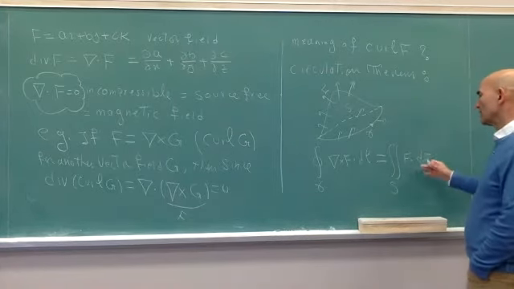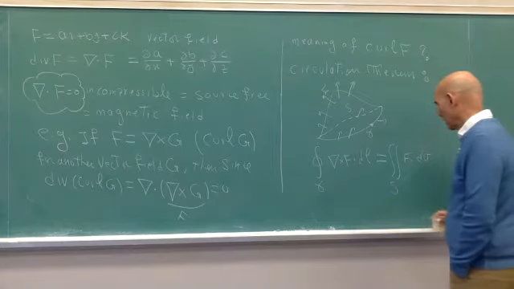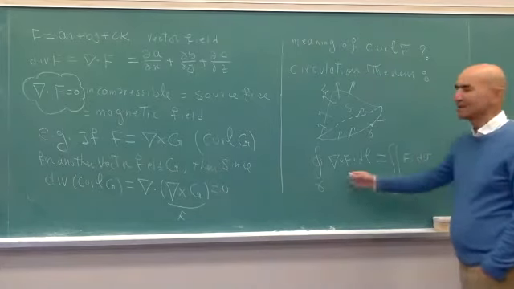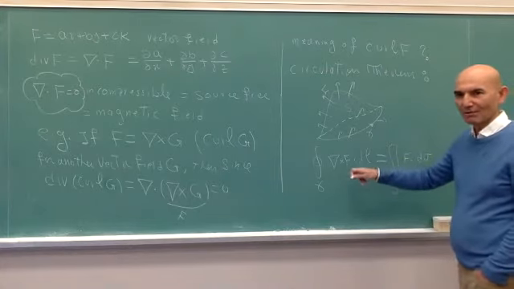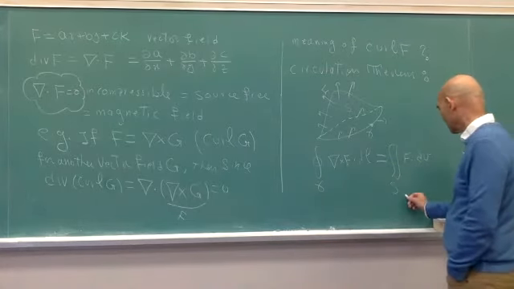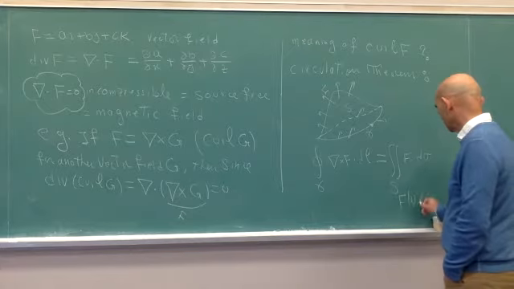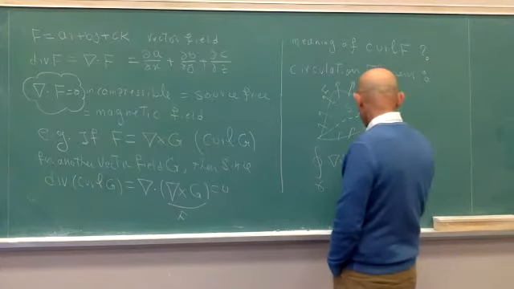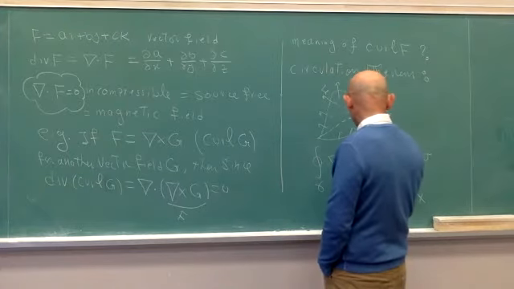So you should read it in the following way. The result says that flux is equal to circulation of the curve around this. So this is flux. Flux of your vector field is equal to circulation.